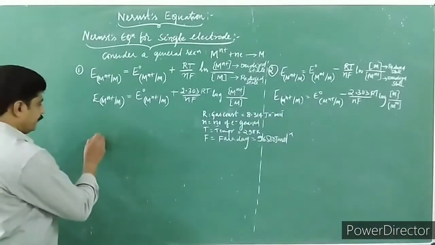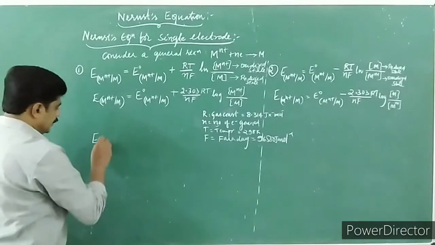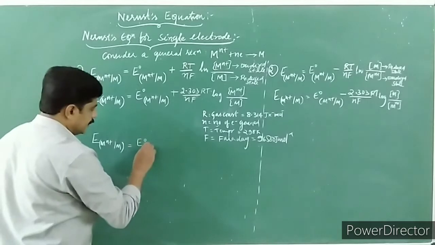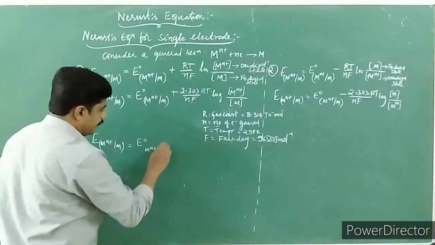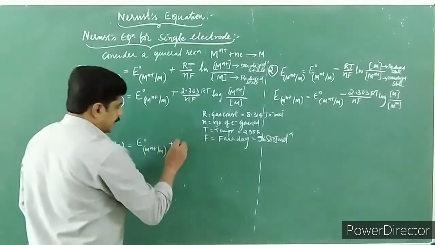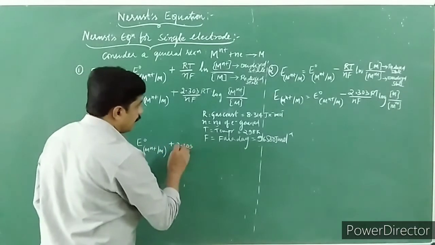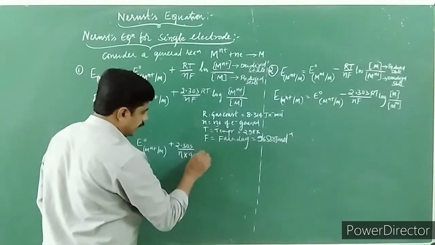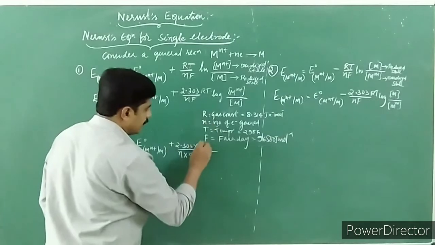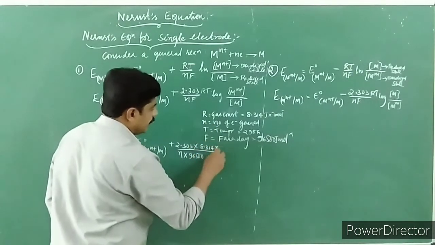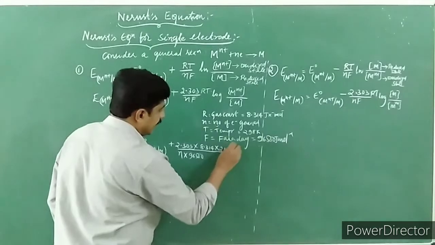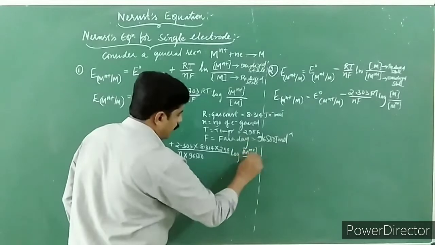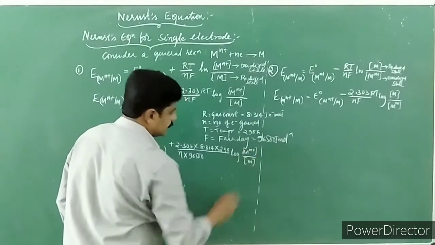Let me see. Look at here. E_(Mn+/M) = E°_(Mn+/M) + 2.303 upon n into F, which is 96,500, into R, which is 8.314, into temperature, which is 298, log of [Mn+] upon concentration of metal.